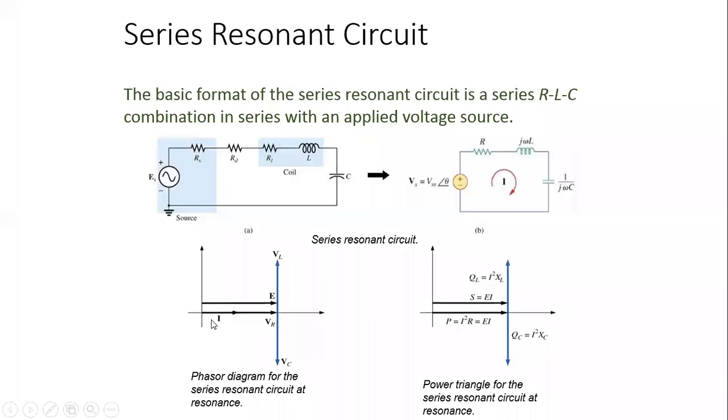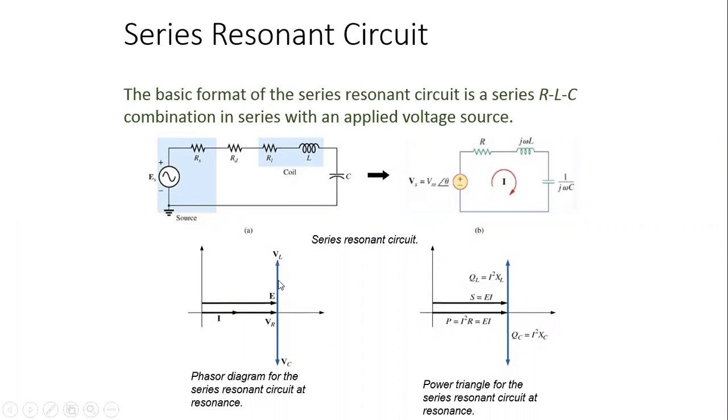But at resonance, as we saw yesterday, the condition is that XL and XC are equal, and Z equals R, which means you have a pure resistor. At that time both the voltage and the current are in phase.